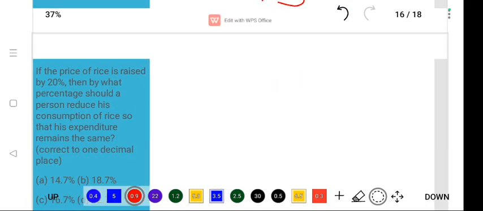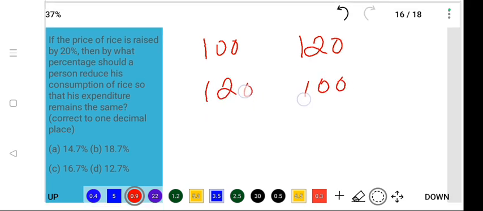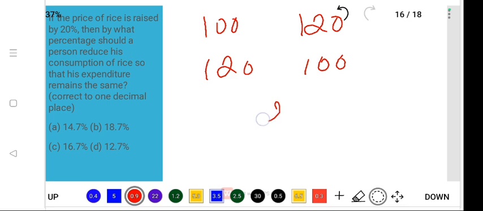Next question: the price of the rice is increased by 20%. What should we do? The initial price we take as 100, the final price 120. Then the consumption is in the ratio 120 is to 100. How much is reduced? 20 is reduced from 120 into 100.